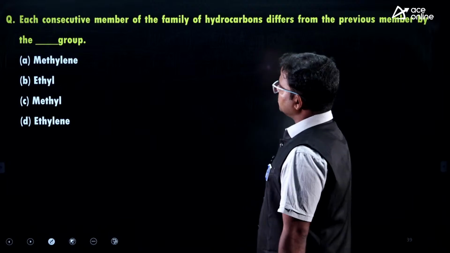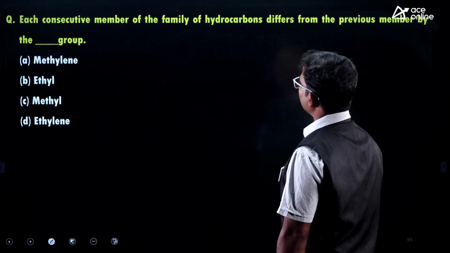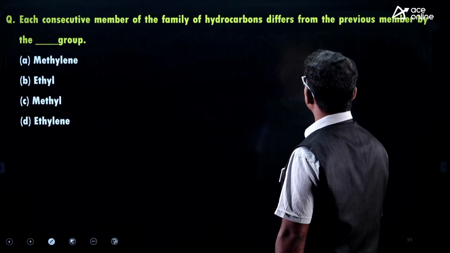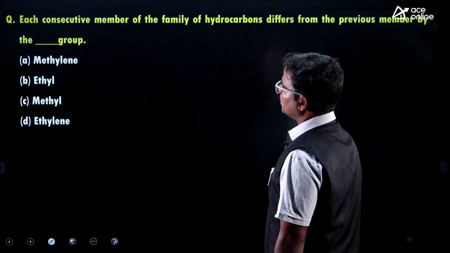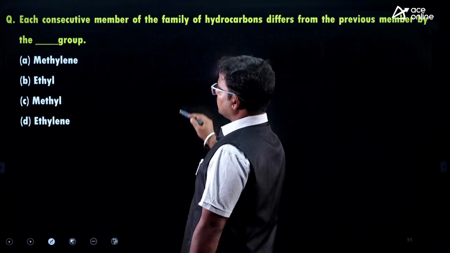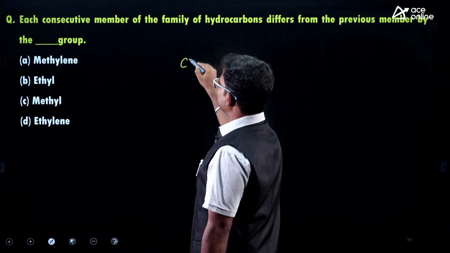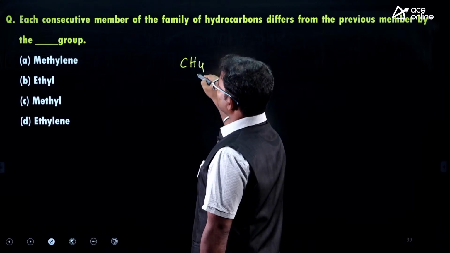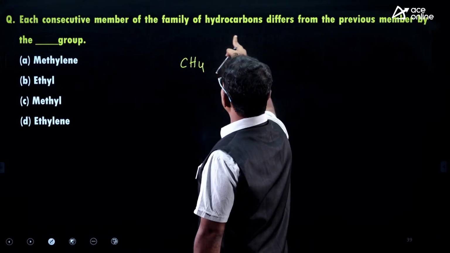Next one, each consecutive member of a family of hydrocarbons differs from the previous member by a dash group. Suppose you consider methane, CH4, a consecutive member of the family of hydrocarbons.